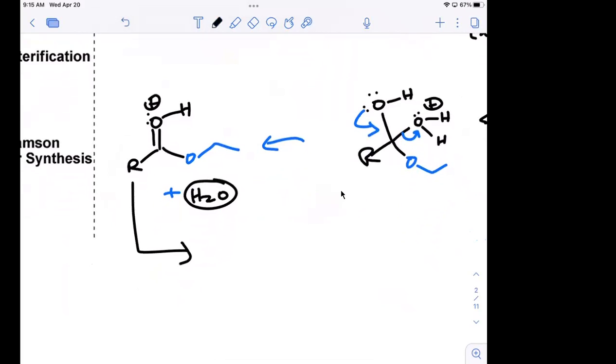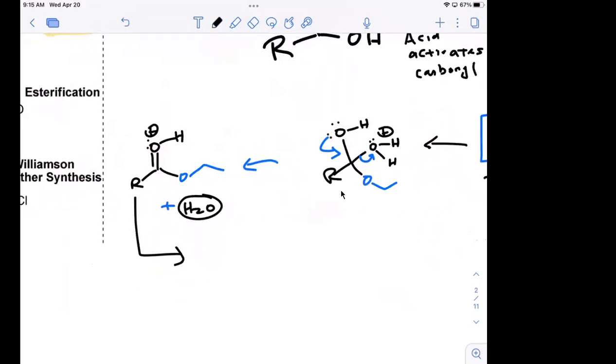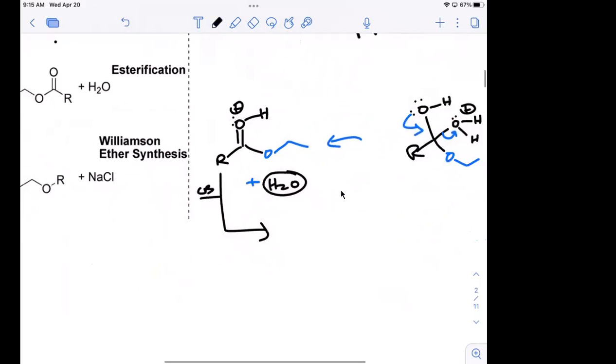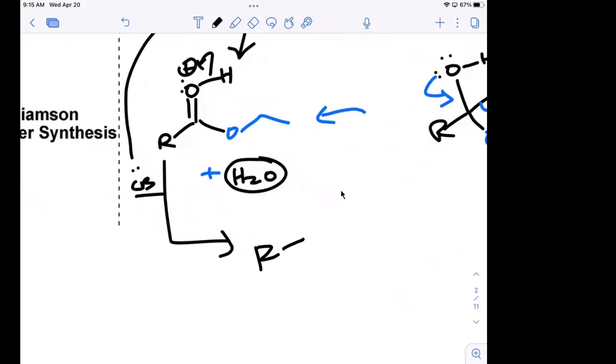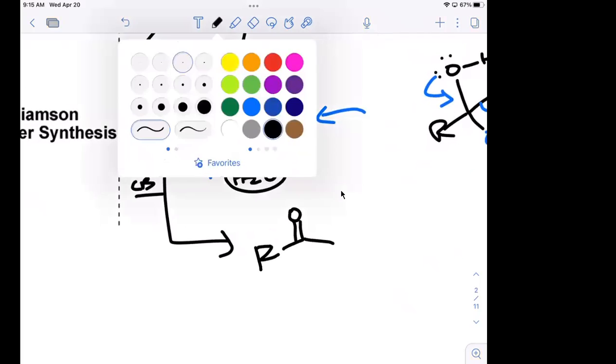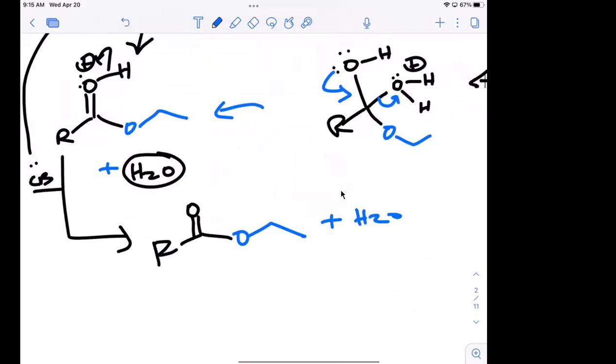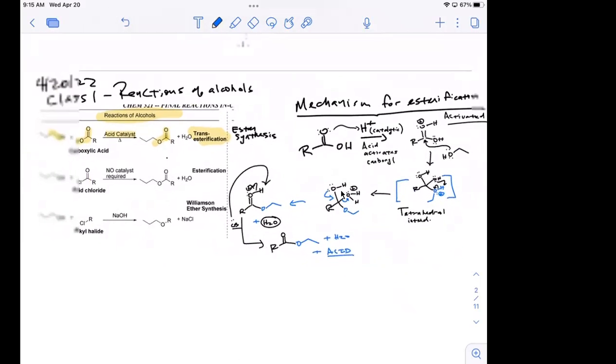Just to get to the final product, you can just do either proton transfer with the water, or you can do it with the conjugate base from the acid. So let's just say that the conjugate base from the acid is going to come in and rip this proton off. Let's just do it that way. So now you have your ester plus water plus your acid, right? And that acid can go right back and do the same thing again.